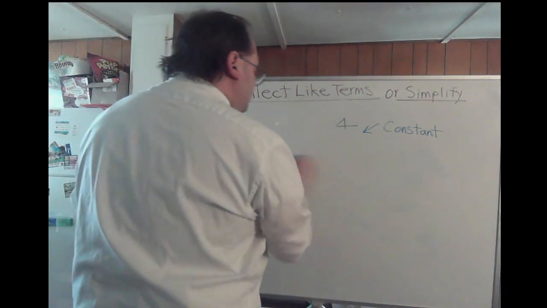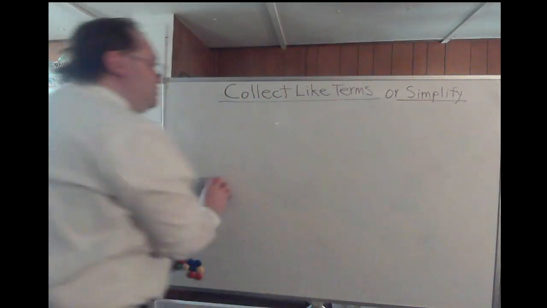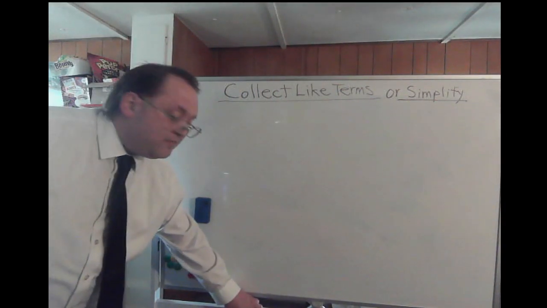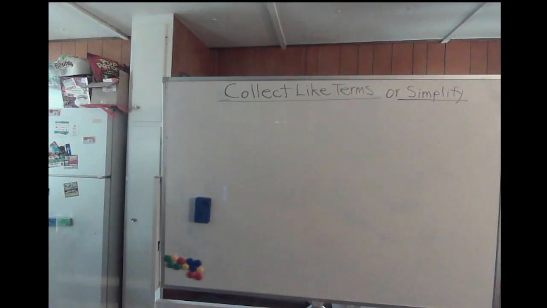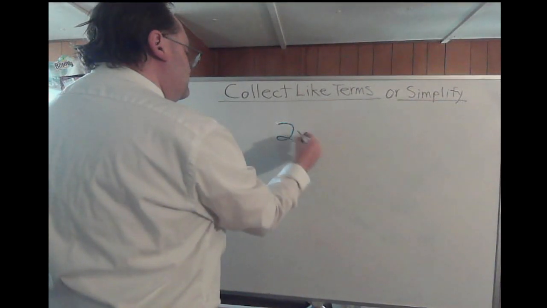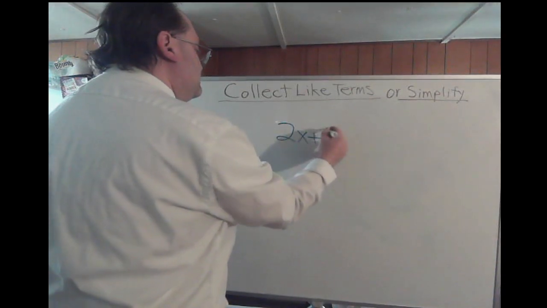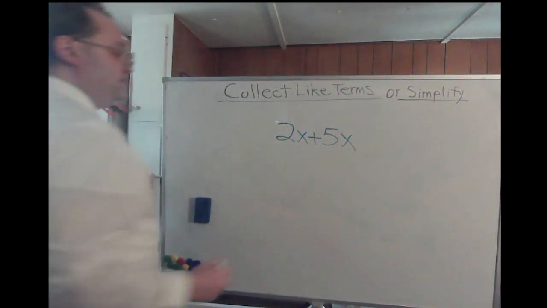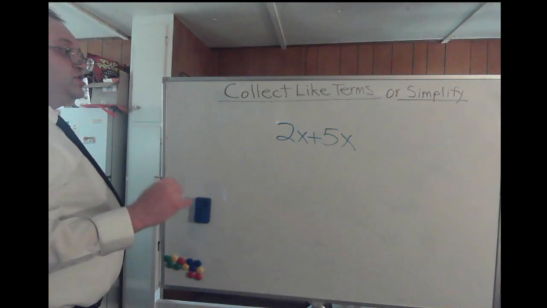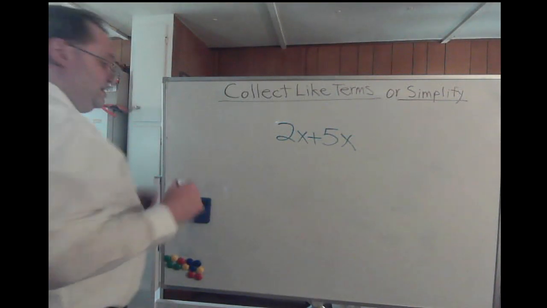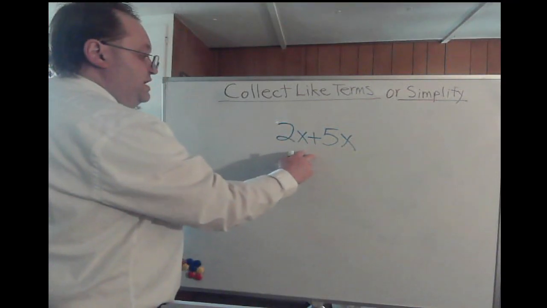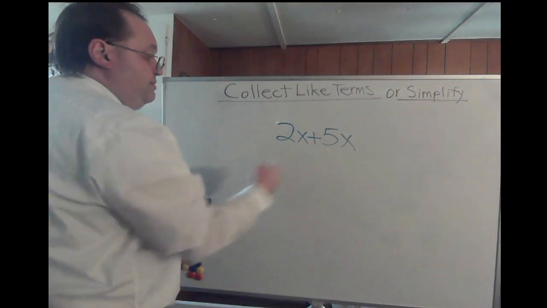So the idea is that you can simplify these expressions. For example, let's say you have 2x plus 5x. Well, to simplify, you want to take all the terms that have the same variable and add them together.